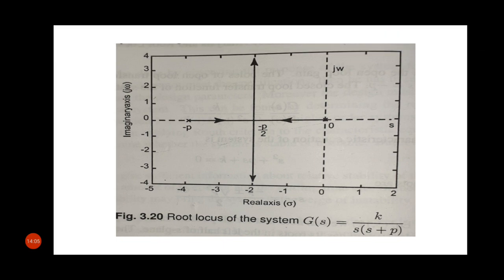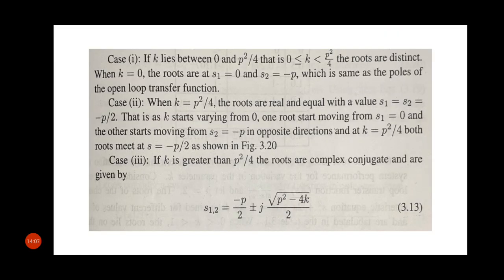Now come to the third case. If K is greater than p square by 4, the roots are complex conjugate and are given by equation 3.13. That means if K is greater than p square by 4, one root lies here and another root lies here.